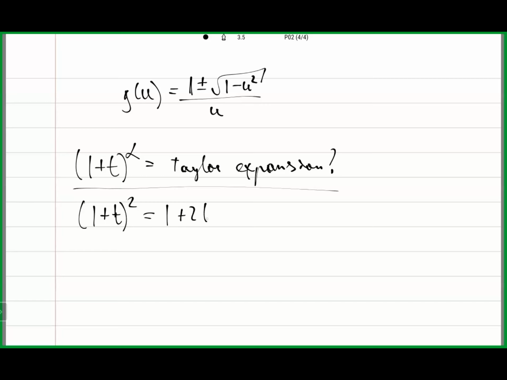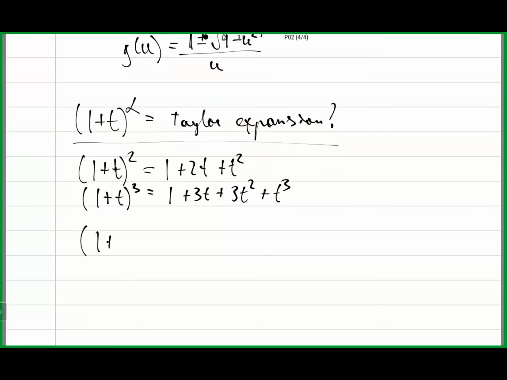It's 1 plus 2t plus t squared. That's the Taylor expansion. Okay, what is the Taylor expansion of 1 plus t cubed? It's 1 plus 3t plus 3t squared plus t cubed. That's just the funny name for opening the brackets. You may say, I'm doing a Taylor expansion.